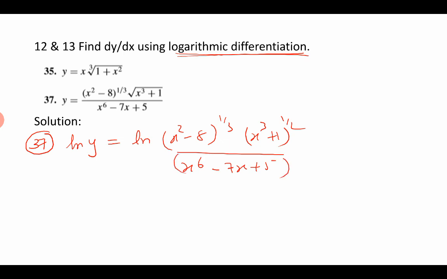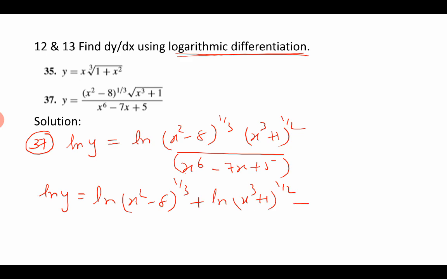Now by the rules of ln, you will get ln y is equal to ln (x square minus 8) to the power 1 by 3 plus ln (x cube plus 1) to the power half minus ln (x power 6 minus 7x plus 5). One more step, you can remove the powers.